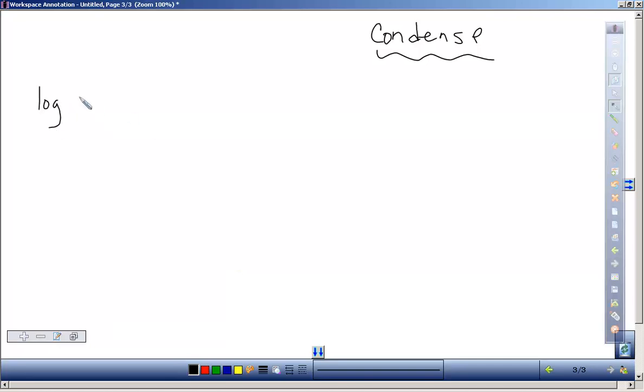If I have common log of x squared is equal to log of x plus 1 plus log of x plus 2, and I'm looking at this as a problem, as far as isolating, the logs are already on opposite sides of each other, but I have 2 of them on this side.